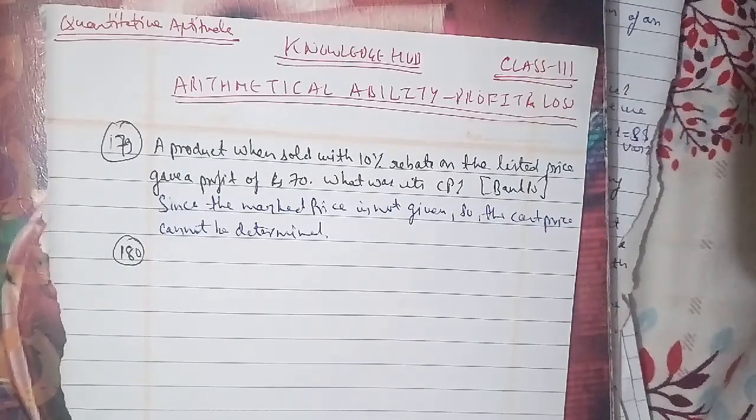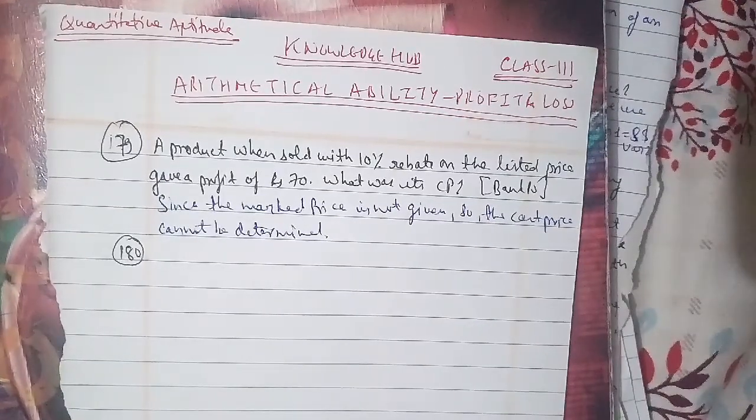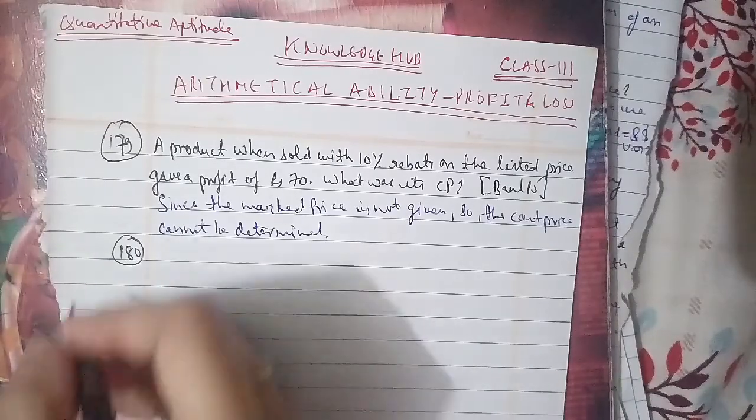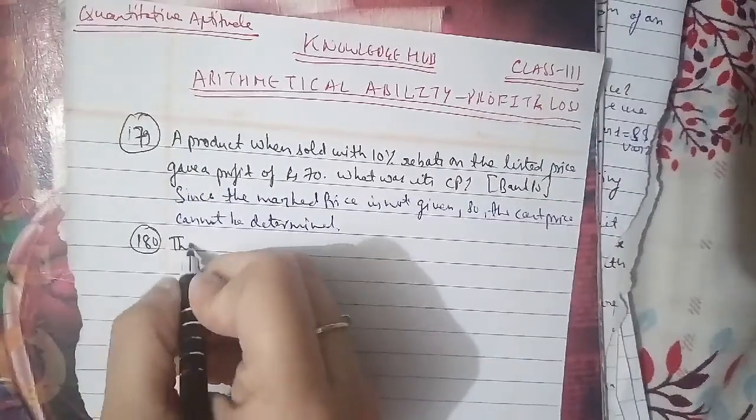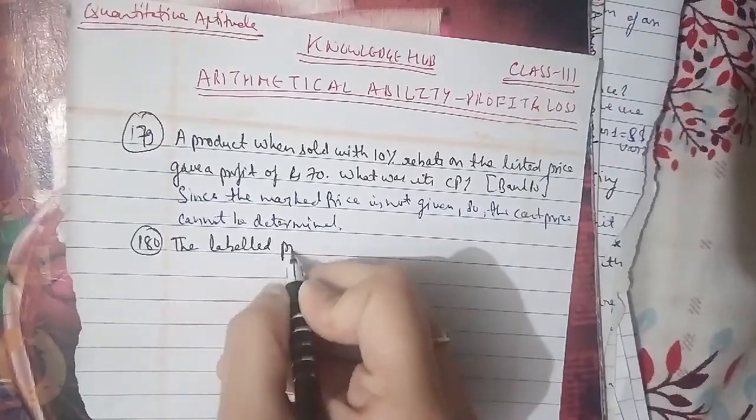The labeled price of a cupboard is rupees 6,500.